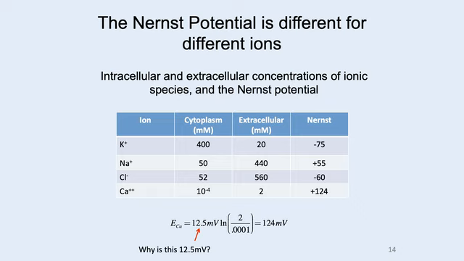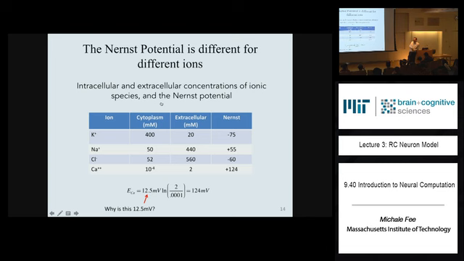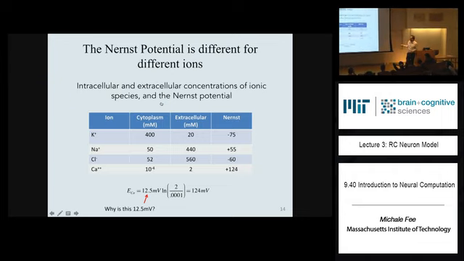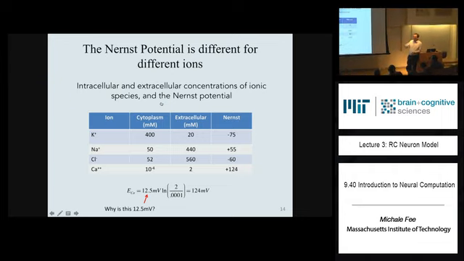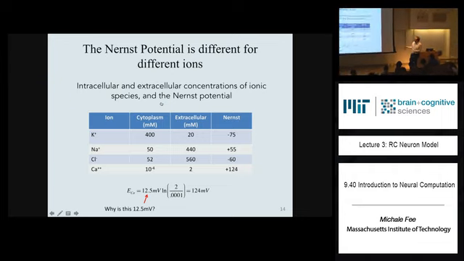So, okay, why is the coefficient here, kT over Q, why is that 12 millivolts here instead of 25? Excellent. So it's kT over 2 times the electron charge. Okay, so that's 12 millivolts. Very good.